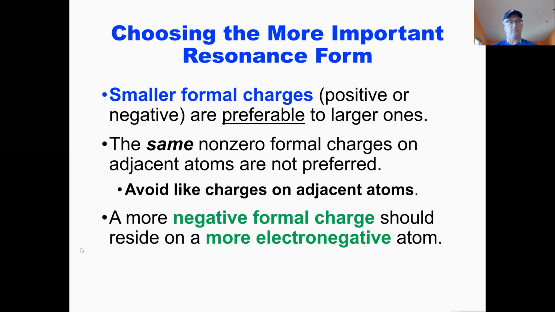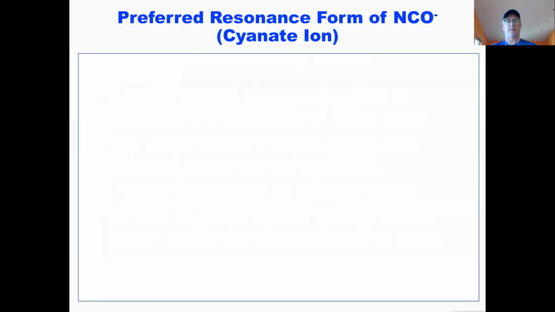So here's the cyanate ion. We have NCO. So how many total electrons should we have in this particular ion?